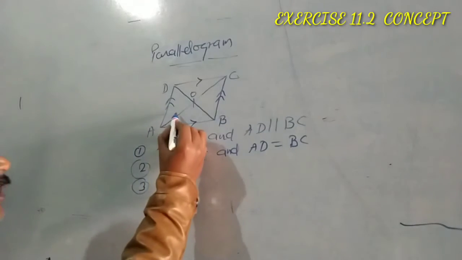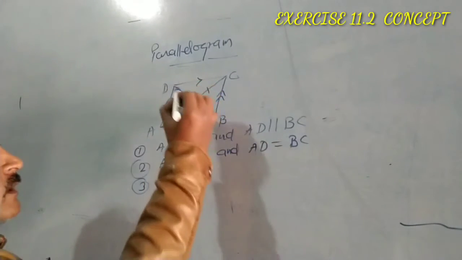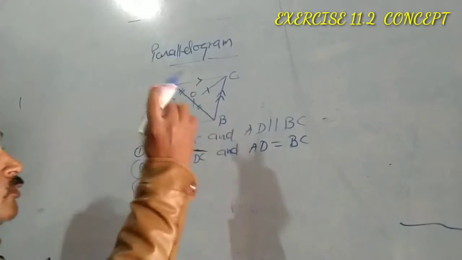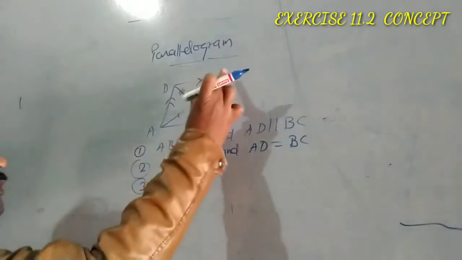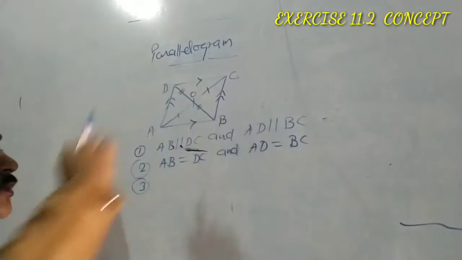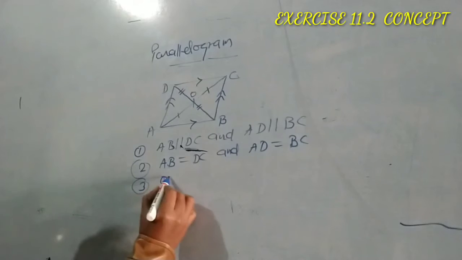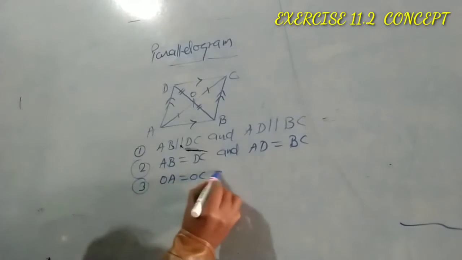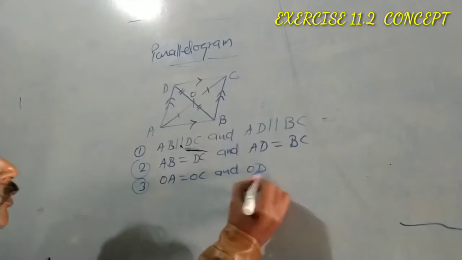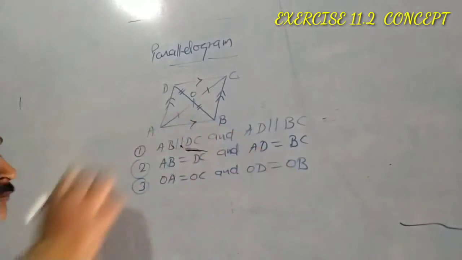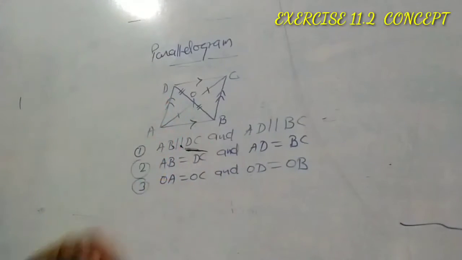Bisect each other means OA will be equal to OC and OD will be equal to OB. One more thing, the diagonals of a parallelogram are not equal to each other.